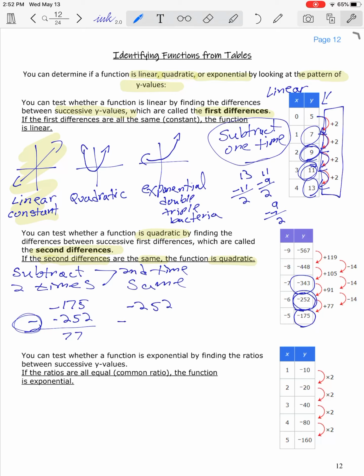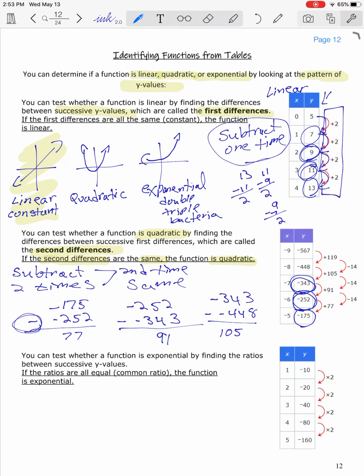Now I'm going to try the next two. Negative 252 minus negative 343. Put that in your calculator. Practice it now. Try it. You can stop the video if I'm going too quickly. You should get 91. Then I'm going to do the next one. Negative 343 minus negative 448.